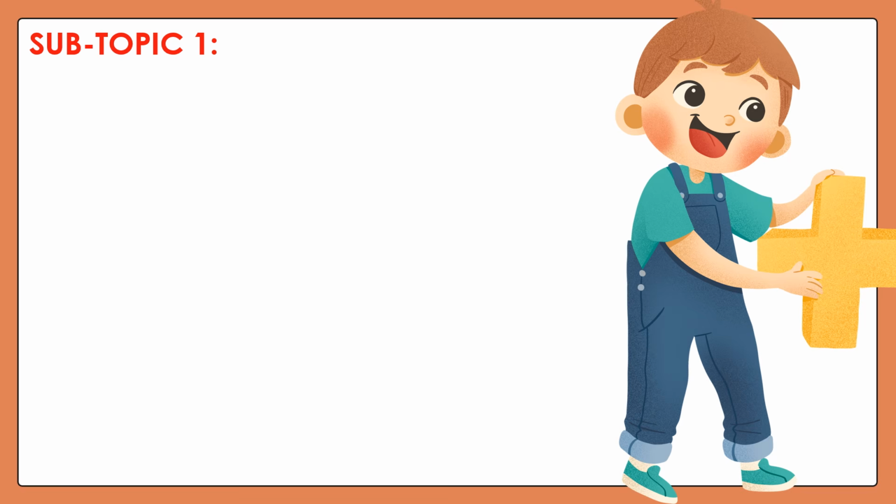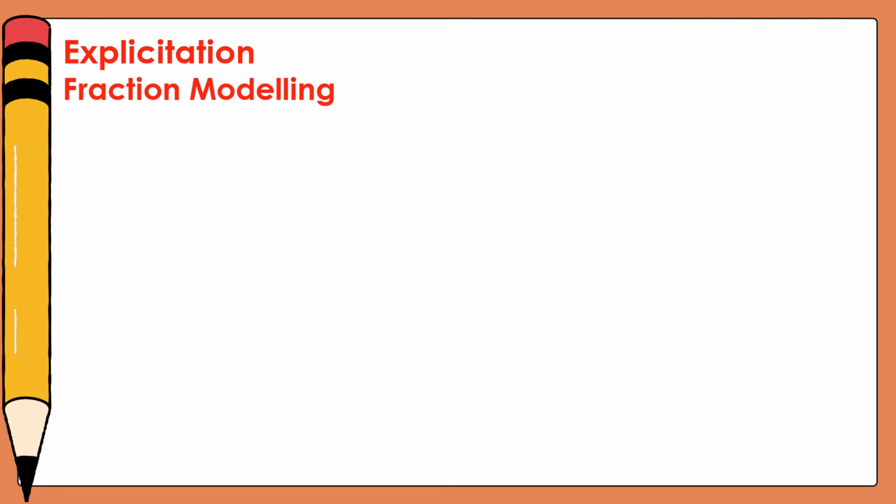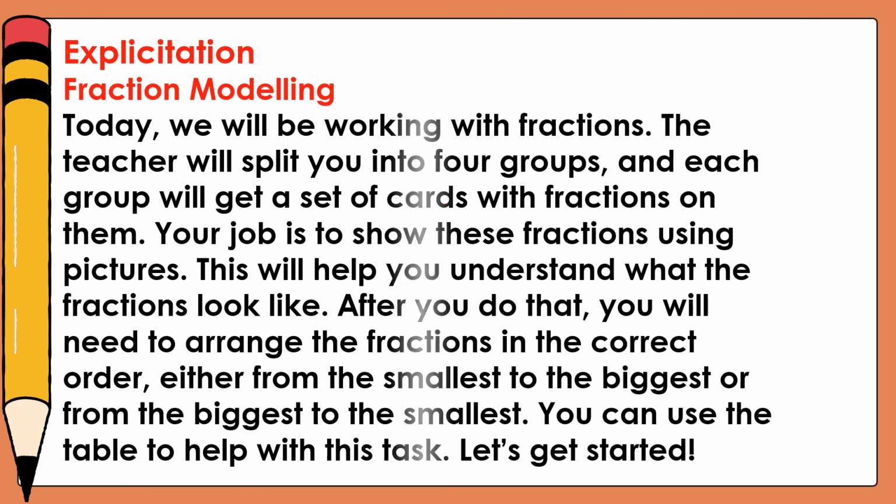Subtopic number 1. Ordering dissimilar fractions from smallest to largest and vice versa using models. Fraction modeling. Today, we will be working with fractions. The teacher will split you into 4 groups, and each group will get a set of cards with fractions on them.